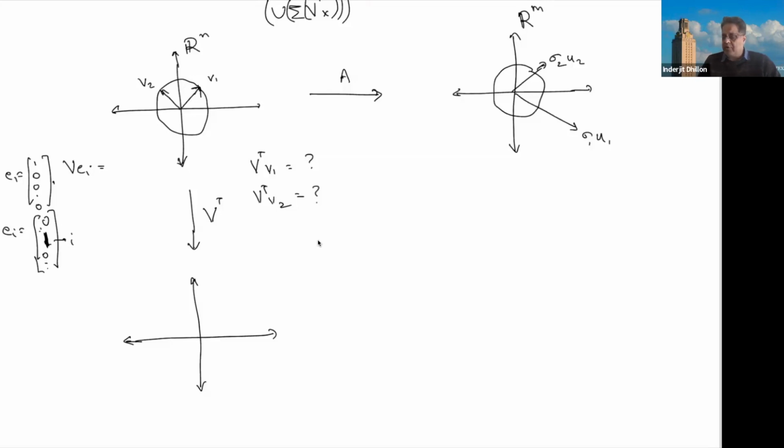Okay, so Ei is the ith column of the identity matrix. So what is V times Ei? Well, it just picks out the ith column. Okay, if I now multiply both sides by V transpose, I get V transpose V Ei is equal to V transpose Vi. But V transpose V is identity. So Ei is equal to V transpose Vi.